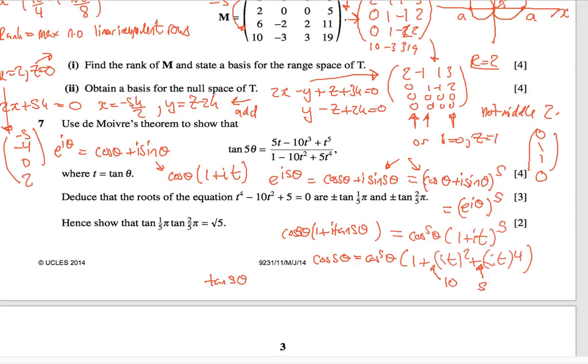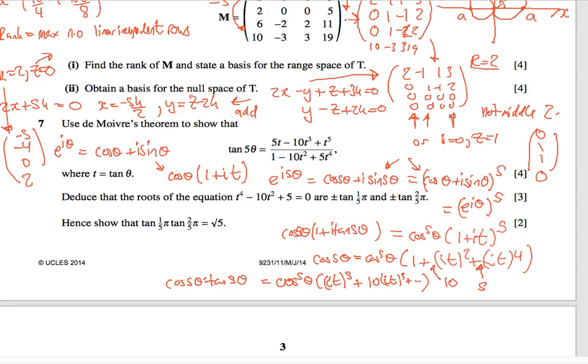So cos 5 theta times tan 5 theta equals cos to the 5 theta times all the odd powers, so you get an (it) to the 5, plus there would have been a 5(it) to the 4, we don't have that one, plus a 10(it) cubed, and so on.